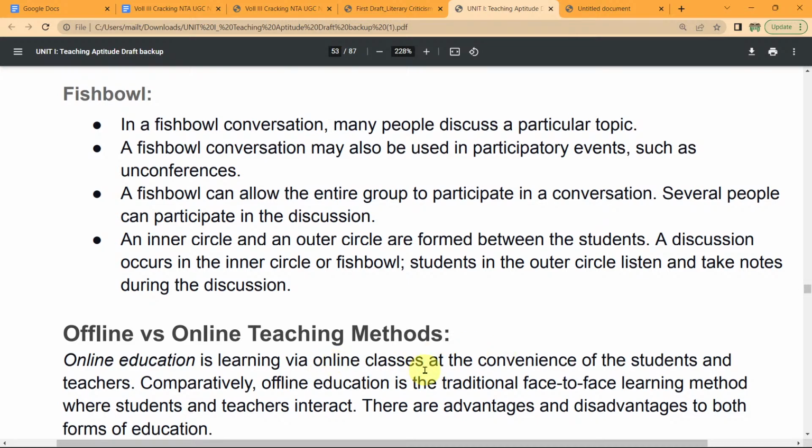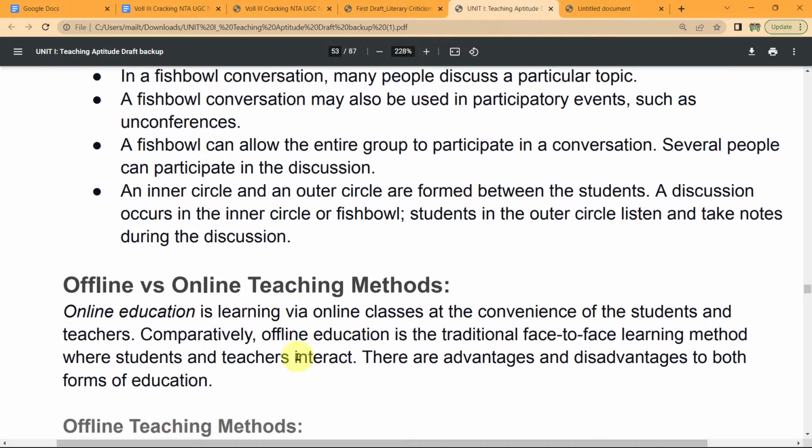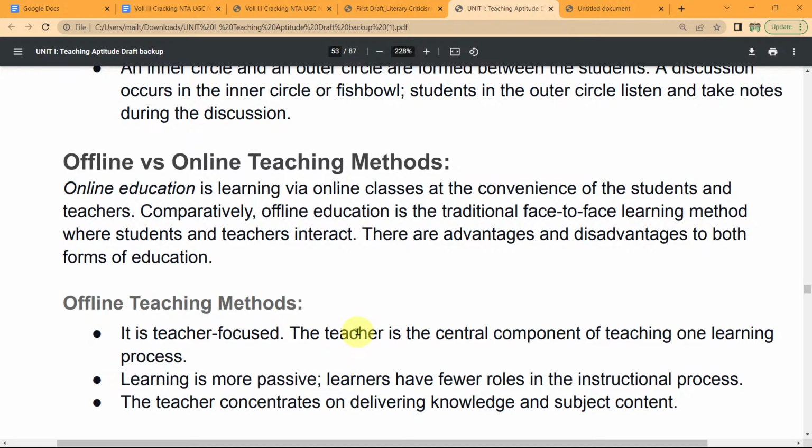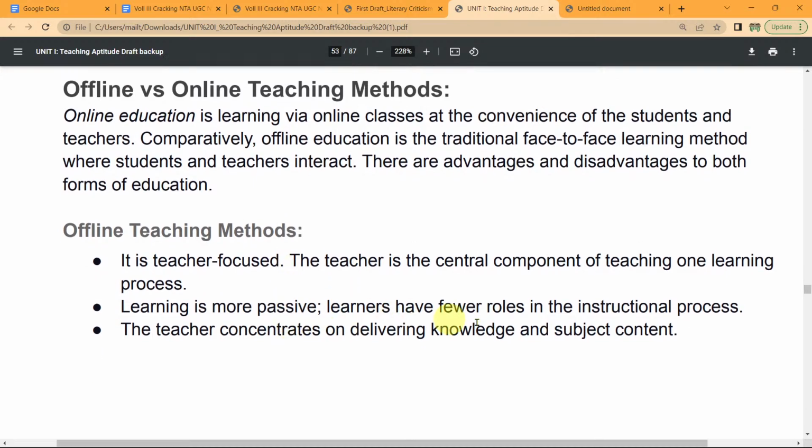Got it? Offline, online. Simple: whatever you study in the classroom is offline. Whatever you study online, through Google Classroom, Zoom and all these things, that will be your online method. Offline teaching is a simple component of the learning process. It will be more passive.